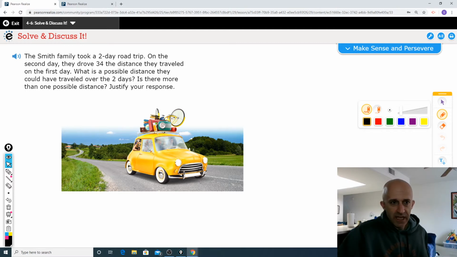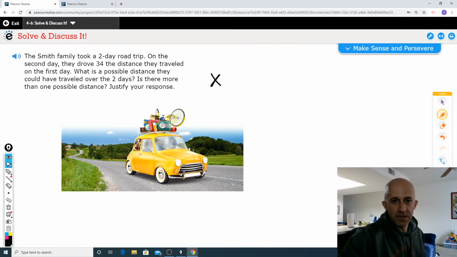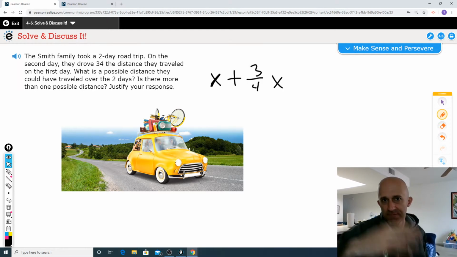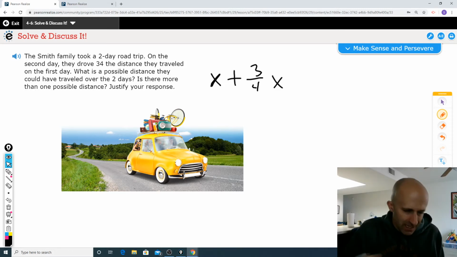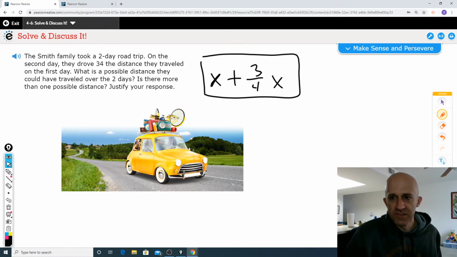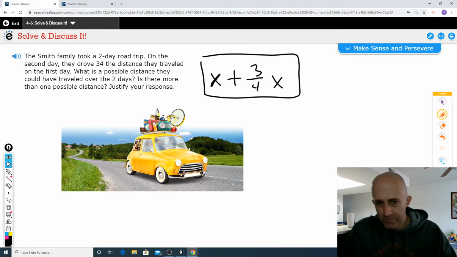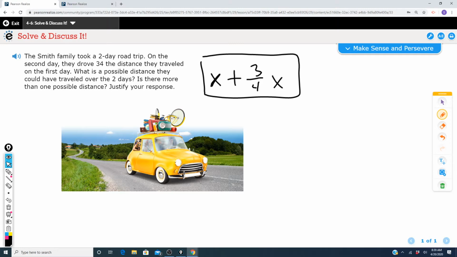It's really just trying to show you that you can take an unknown variable and then add that expression of saying they drove 3/4 of that full distance. Okay, kind of makes sense. I know it's kind of different to explain it this way, but I hope it makes a little bit of sense.